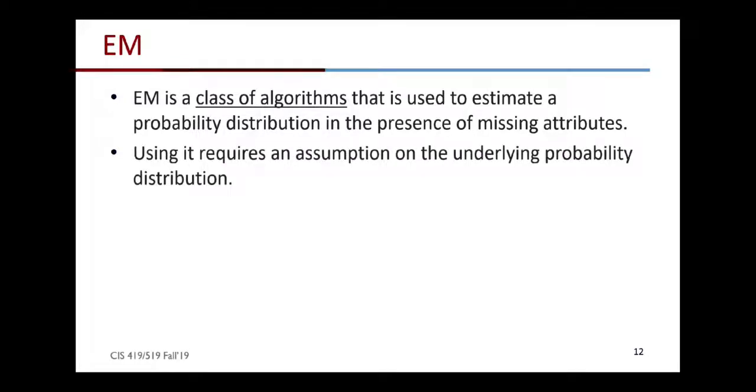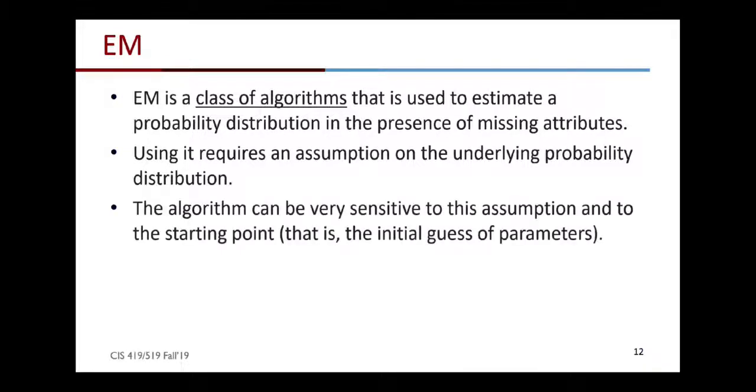It requires assumptions, right? Because, as I said before, if the Pn and the Pv are correct, everything we're doing is the right thing to do, which means that we have to make some assumption on the family of probability distribution that governs the generation of the data, just like we always do in the Bayesian case. And the algorithm is sensitive to these assumptions. We're going to discuss this at the end today.